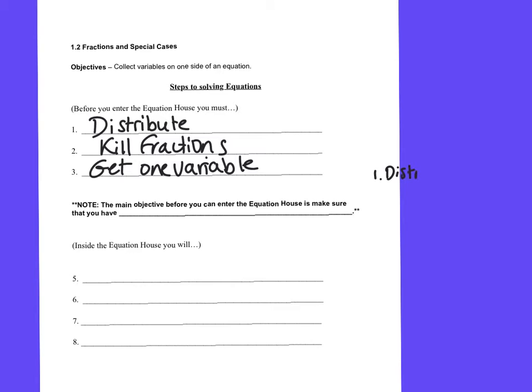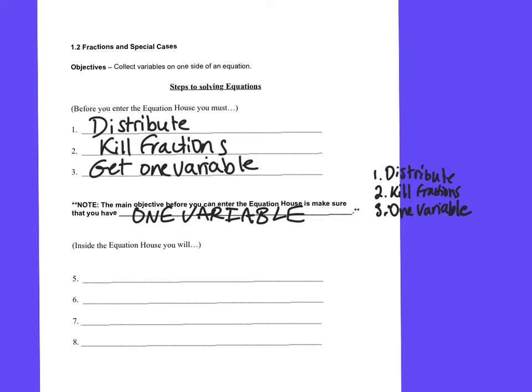I'm going to draw the house out to the side. You don't have to. Again, the objective before you can enter the equation house is to make sure that you have that one variable. If you don't have that one variable, you can't go into the house. So you've got to combine like terms and get it down to that one variable.